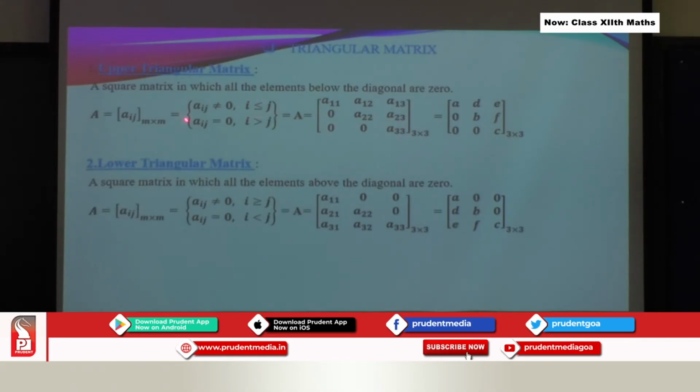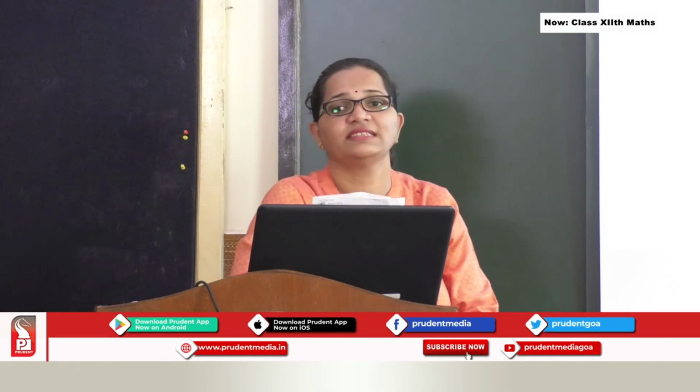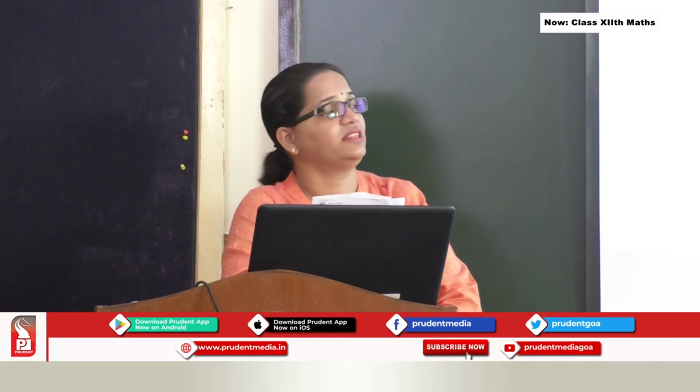You can see over here, it is written in this form, Aij is equal to 0 when i is less than equal to j. Now here you can see i is 1, j is 2, i is 1, j is 3. So all the entries having their position which gives this condition, that is ith place is less than equal to jth place.